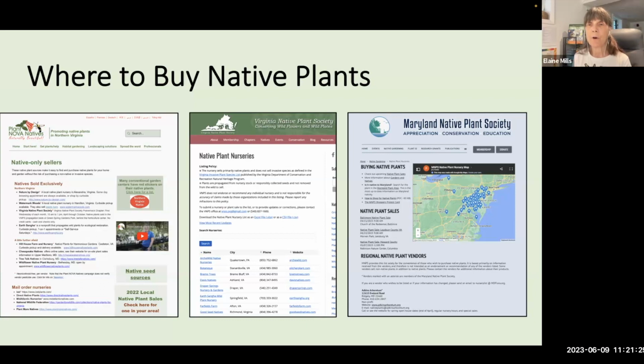Similarly, there are resources provided by the Maryland Native Plant Society. And for those attending from any other state, I refer you either to your local extension agent or, again, to the resources of your state plant society.